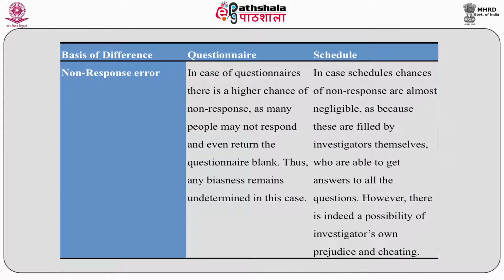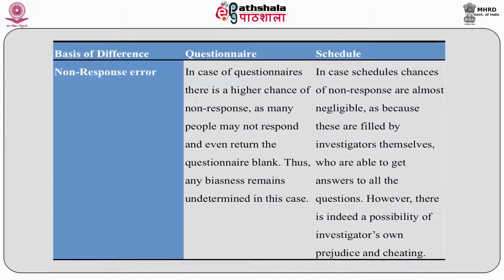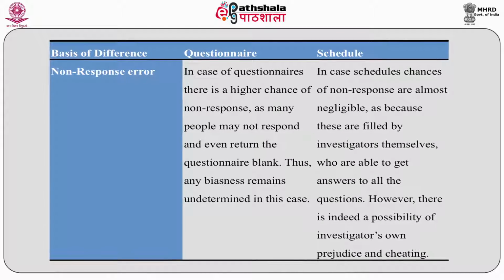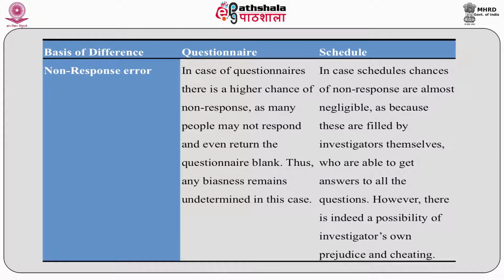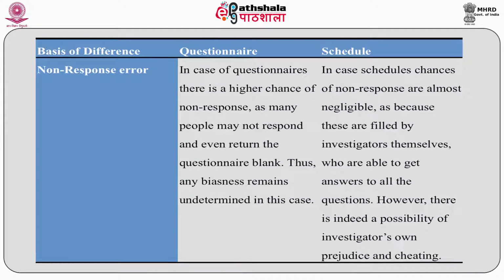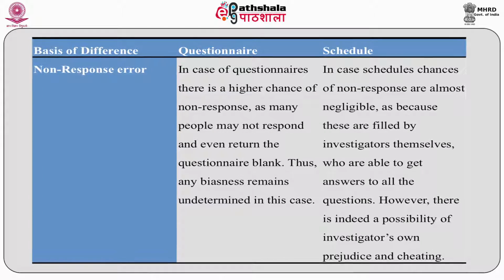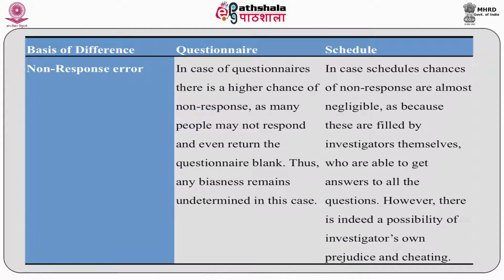However, in case of the schedules, chances of non-response are almost negligible as these are filled in by the investigators themselves who are able to get the answers to all the questions. However, there is indeed a possibility of investigators' own prejudice and cheating.